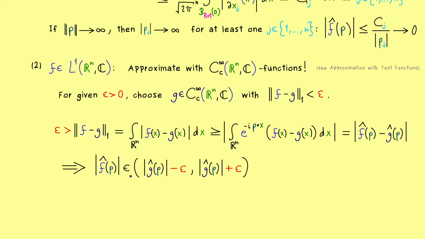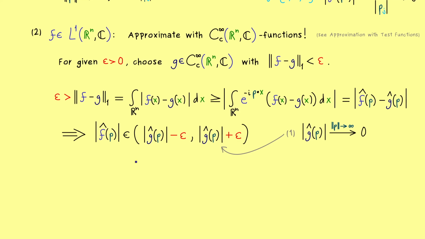So this is the open interval we have here, and now we can use the result from above, which tells us that g hat of p goes to 0 whenever p goes to infinity. So there it comes in. This is the advantage that we already know what happens for the CC infinity functions. And then what we get here for f hat is a really tasteful sandwich theorem.